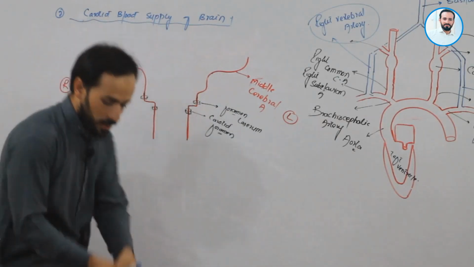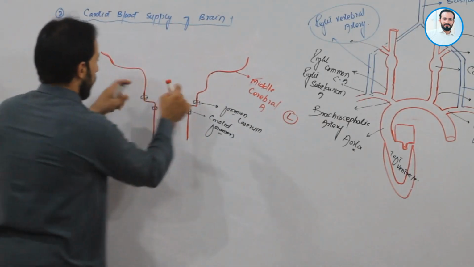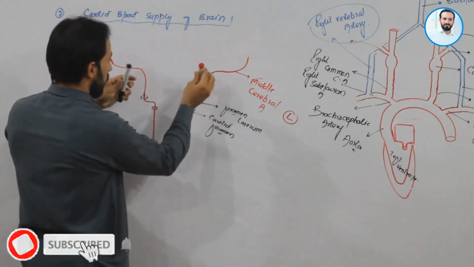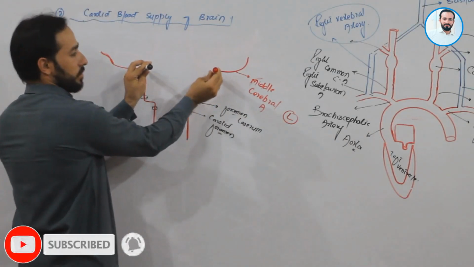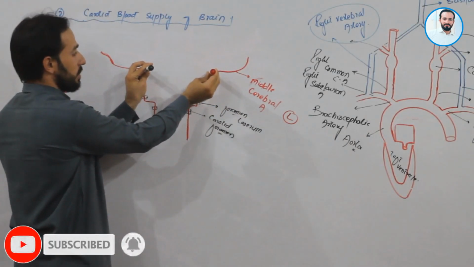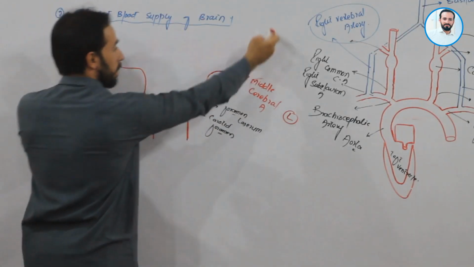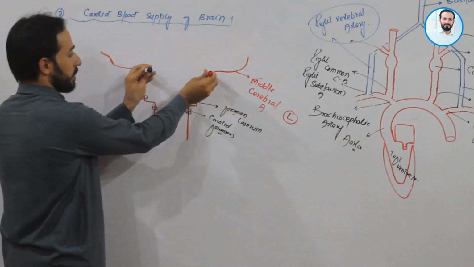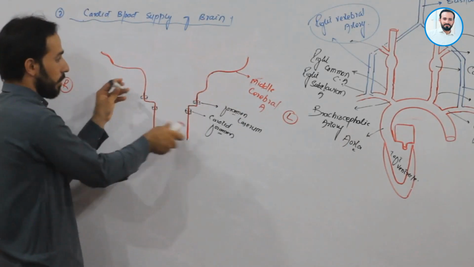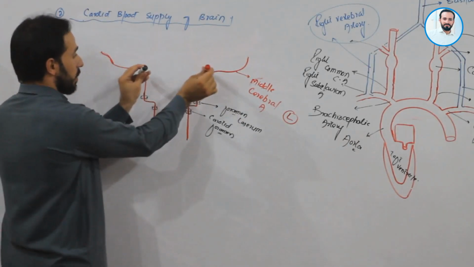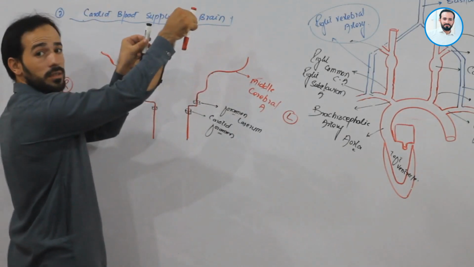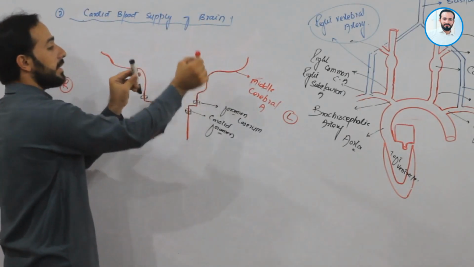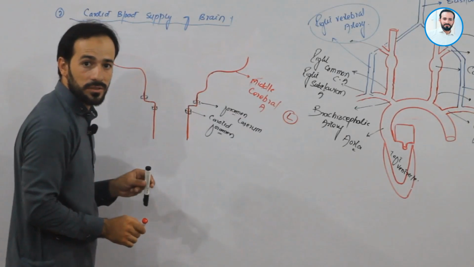Now look, at this point it becomes like this also, right? So a branch is coming anteriorly and laterally. Clear friends? Branches are coming anteriorly also, and mention these arteries also. The branches are coming anteriorly, right? So these are called the anterior cerebral arteries. Clear?